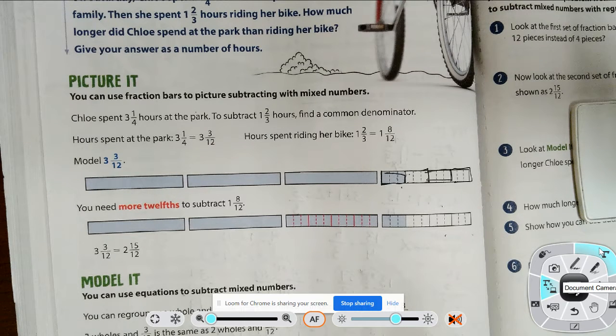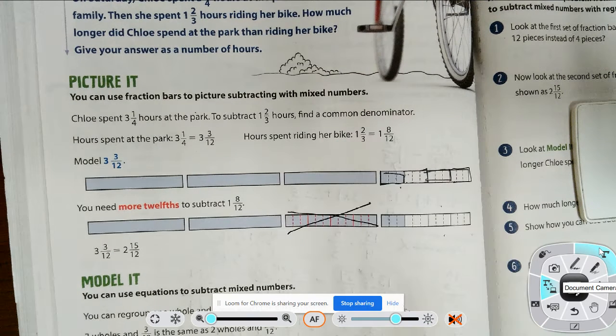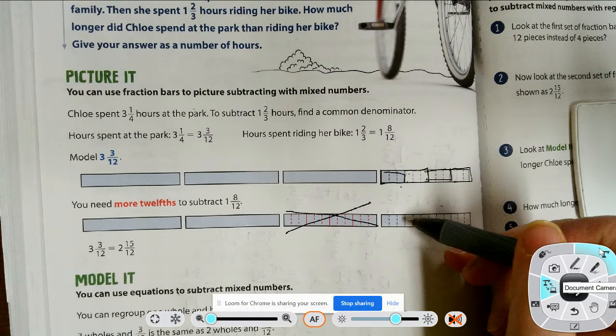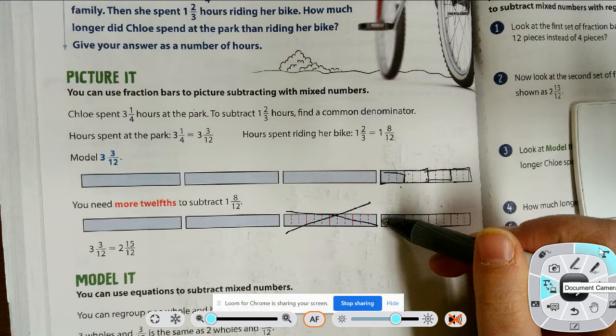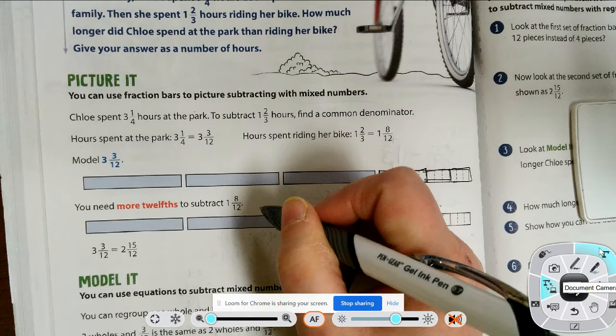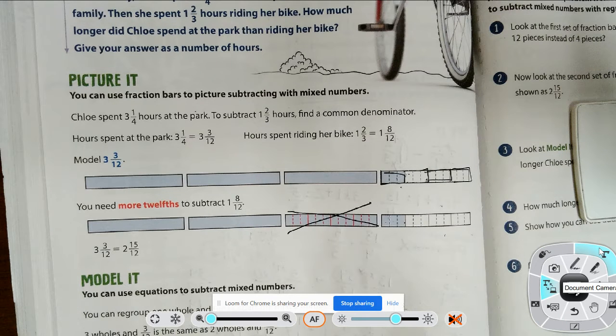So if I took away a whole, this would be my whole. And then if I took away 8 12ths, I would take away 1, 2, 3, and then I would have to do, hang on a second, what did they do here?